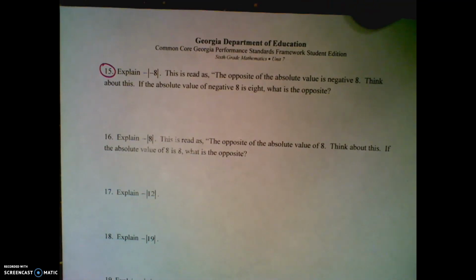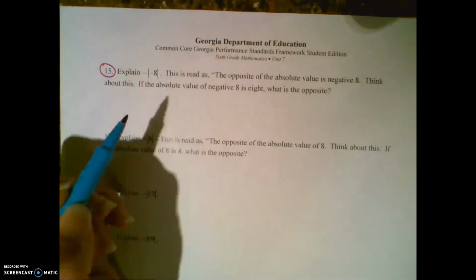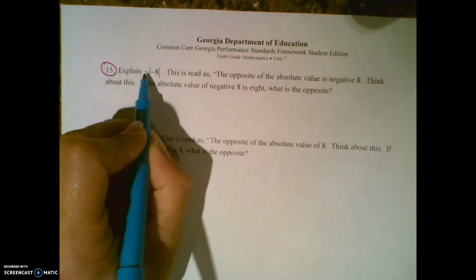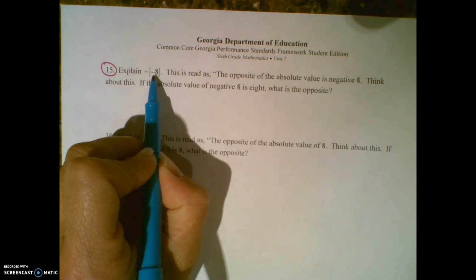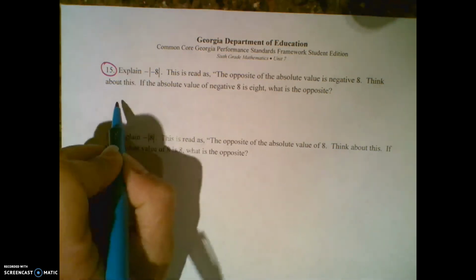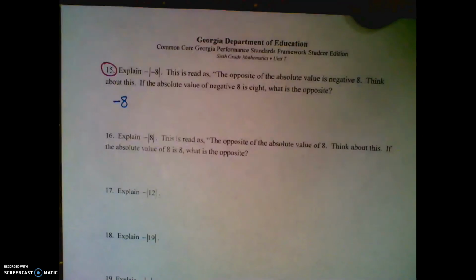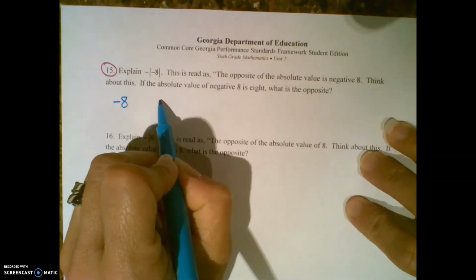Think about this and find the absolute value of -8, and then think what's its opposite. So the answer would be the opposite of the absolute value. So I'm going to go, okay, well, -8, the absolute value of that is +8, and the opposite of that is -8.